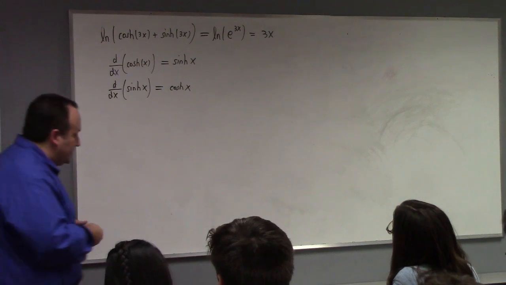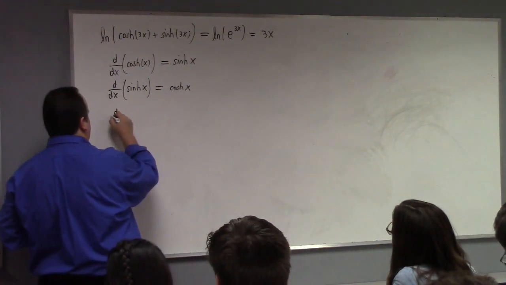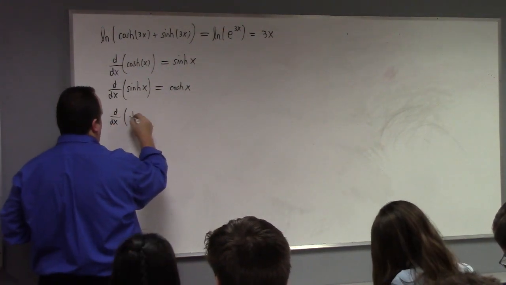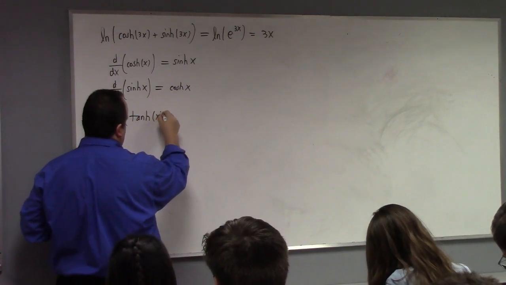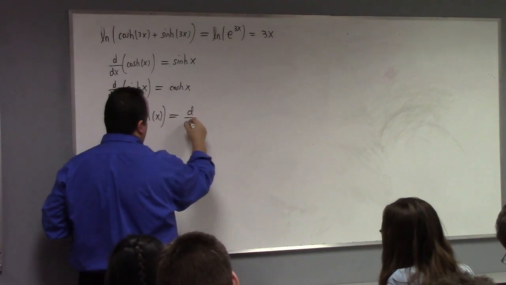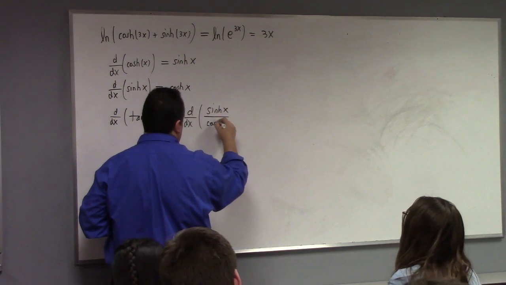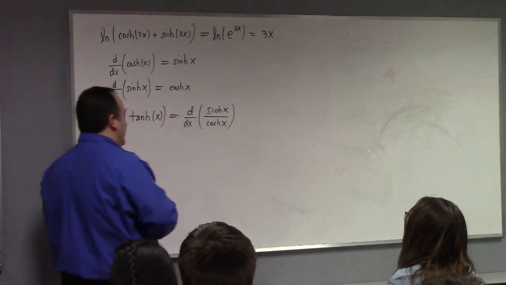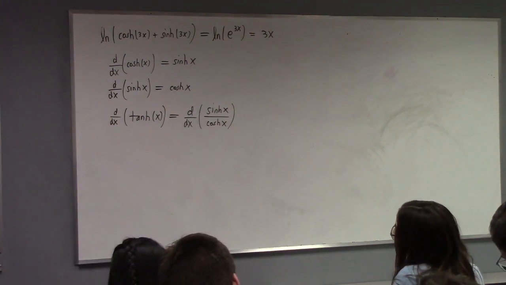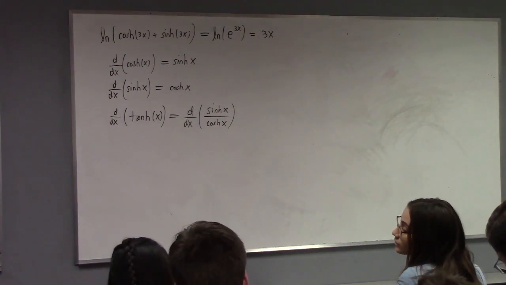What's the derivative of tanh? What is tanh? Hyperbolic tangent. So here we're looking at d dx of sinh x over cosh x. This is good because it'll give us a chance to review the quotient rule, right? Because the quotient rule is the only way to really derive this here. Yeah?